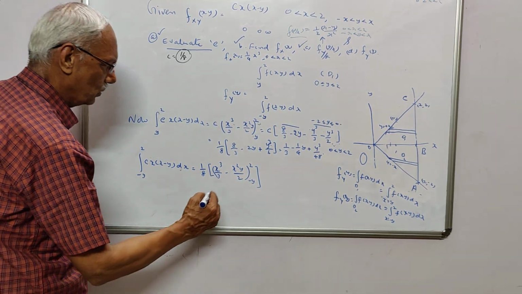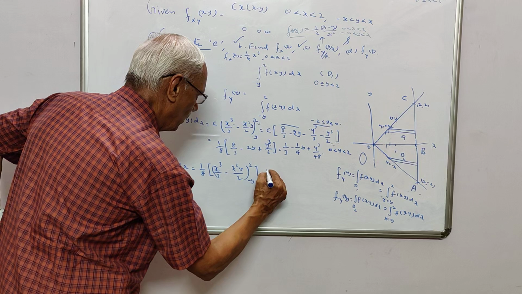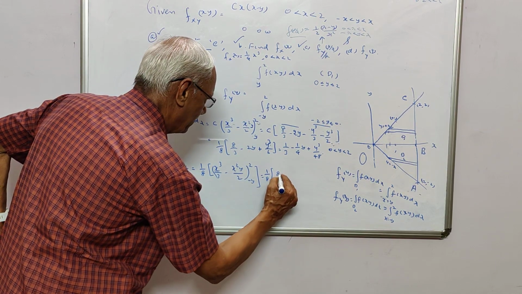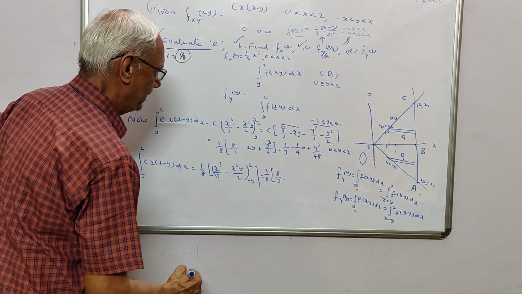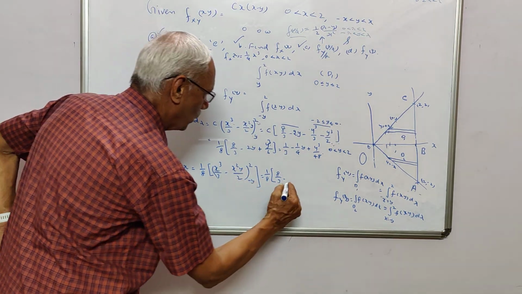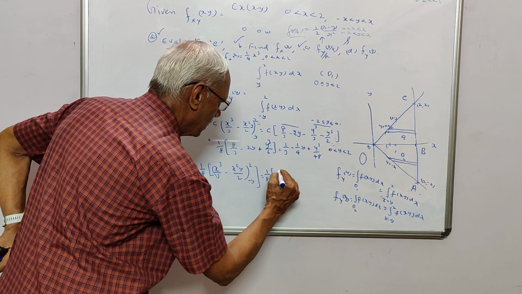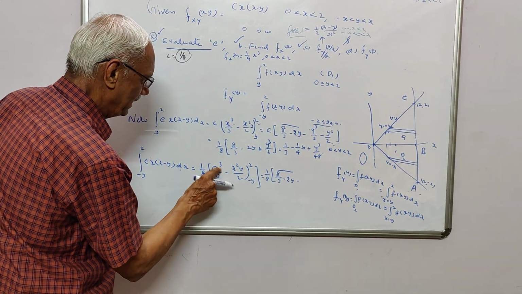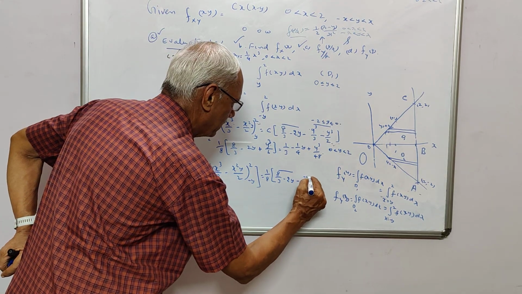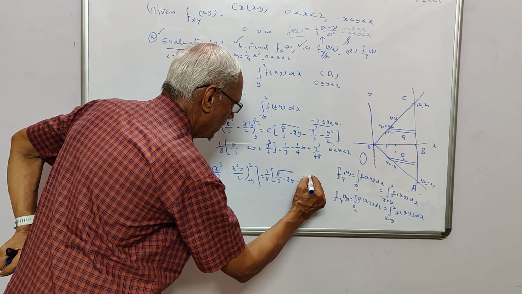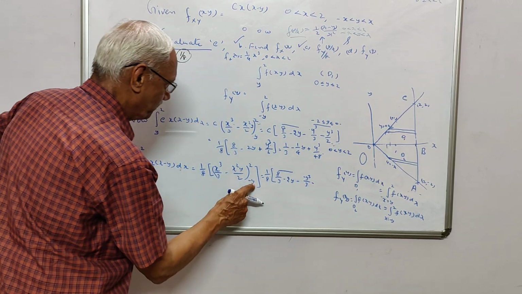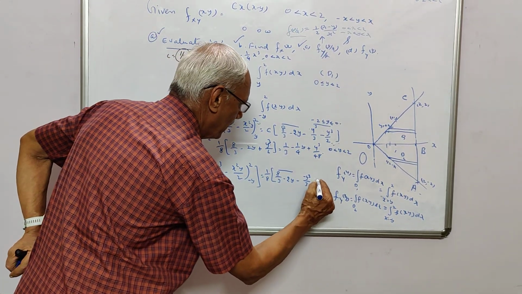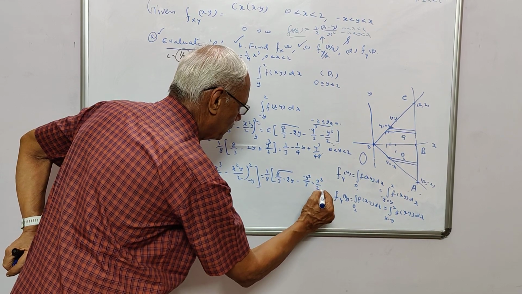X takes the value, so you see that this will again be 1 by 8. This remains the same, 8 by 3 minus 2y, minus, if you put minus y, minus y cubed by 3, minus, if you put minus y, it is plus y squared, so it is minus y cubed by 2.